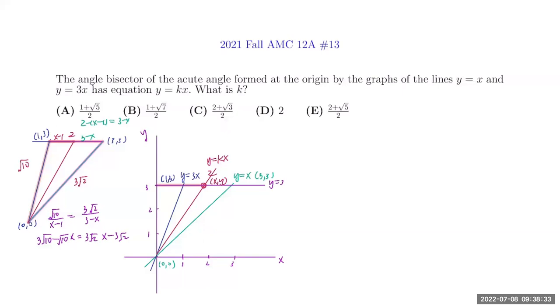We combine the constant terms on one side and the variable terms on the other to give us 3 root 10 plus 3 root 2 equals 3 root 2 plus root 10 times x. And then we can divide the left-hand side by the right-hand side. That gives us 3 root 10 plus 3 root 2 over 3 root 2 plus root 10 equals x.